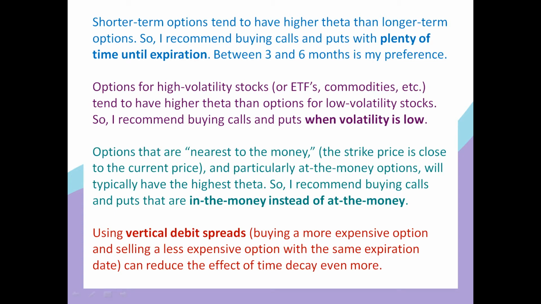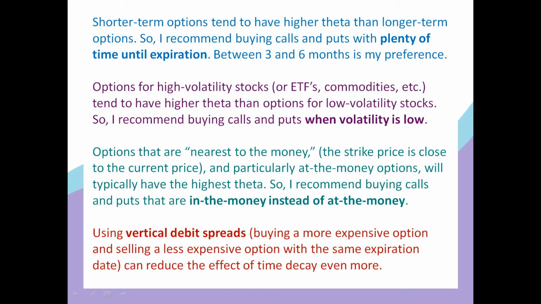The first point is that shorter term options tend to have higher theta than longer term options. Remember, higher theta is not a good thing when we own an option. So I recommend buying calls and puts with plenty of time until expiration. Between 3 and 6 months is my preference, but you can go even longer, of course. If you have more money to spend, you can buy even more time premium than that.